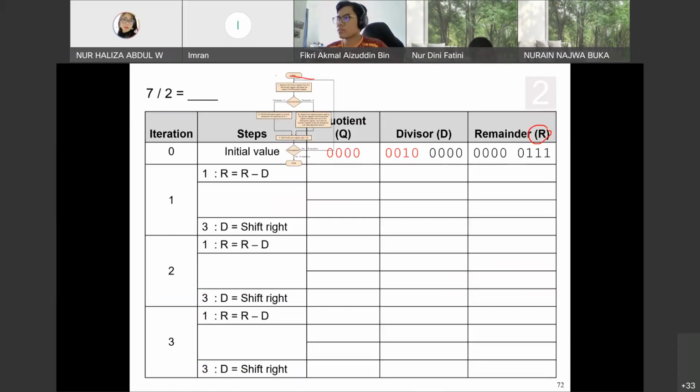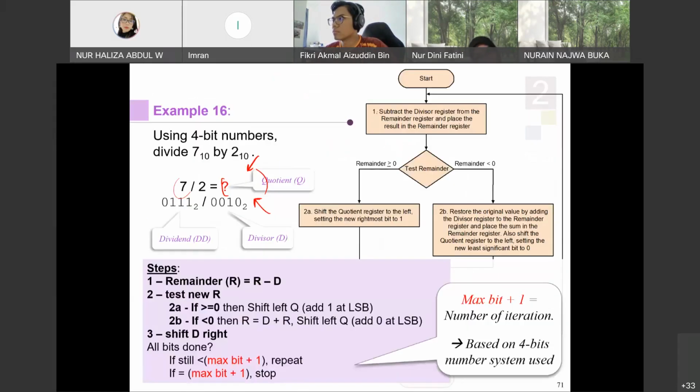You're going to see step number 2. Subtract the divisor register from the remainder, which is the one that you put here, and place the result in the remainder.